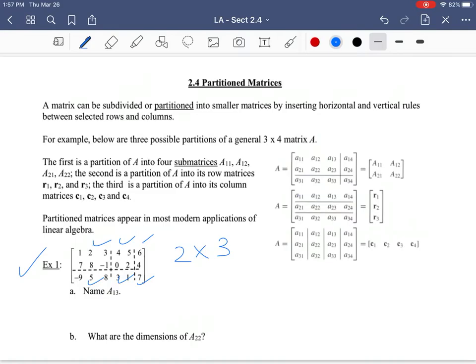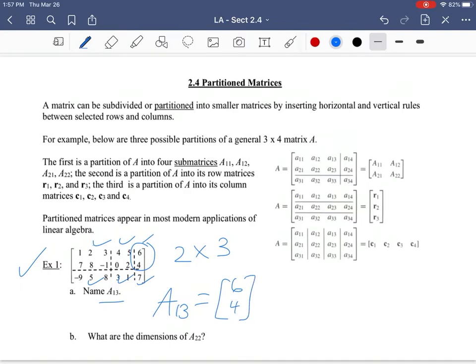So you have 2 rows of matrices and 3 columns of matrices. And so when somebody gives you this name here, A13, that means they want, in this matrix, the first row, third column, they want the matrix in that spot. So that would be right here. So A13 is the matrix 6, 4.